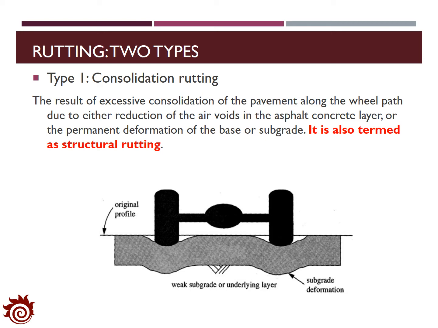The figure here demonstrates the effect of consolidation rutting. And this one is also called structural rutting. In most cases, consolidation rutting is caused by the permanent deformation of the base or subgrade layers. It could also be caused by the reduction of the air voids in the asphalt concrete layer.